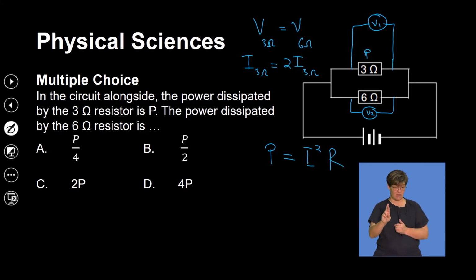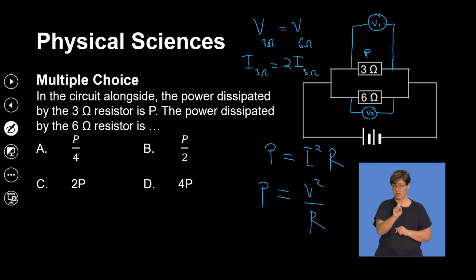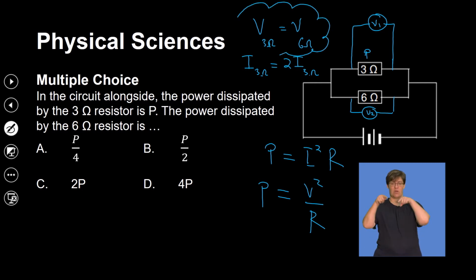So if it's I squared R, more current goes through 3 ohms than the 6 ohms, or even if we look at it in terms of P equals V squared over R, okay? Now you'd realize that V1 is equal to V2, based on that parallel combination of resistors.